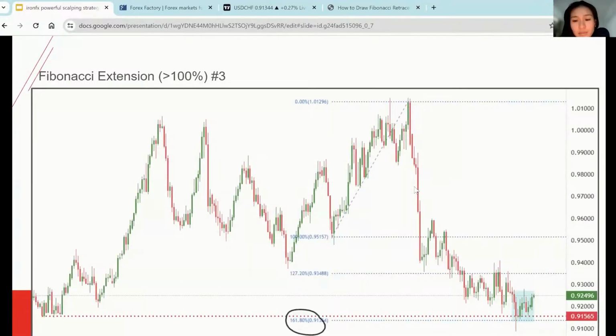Now, this example uses an inverted Nike tick. So the Nike tick head is over here, smaller than the tail. And since price already broke out of the 127.2, we expect price to reverse off the 161.8, especially since it's in line with this swing low support level.